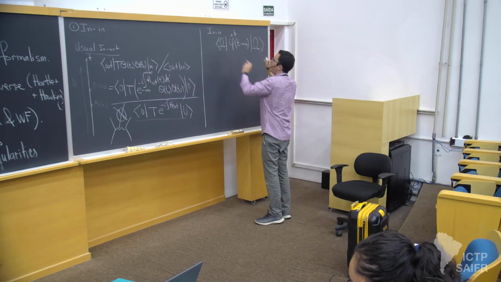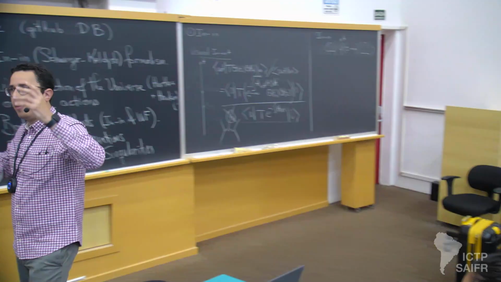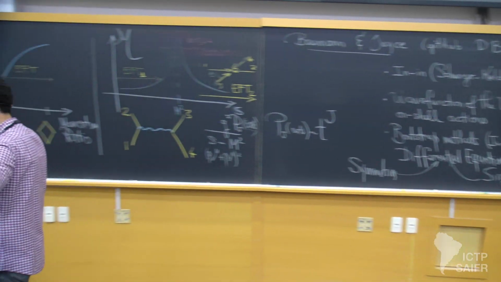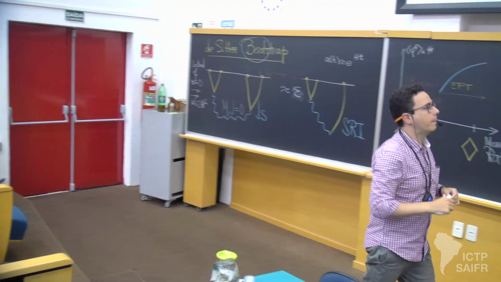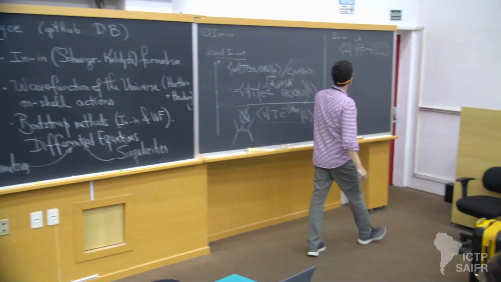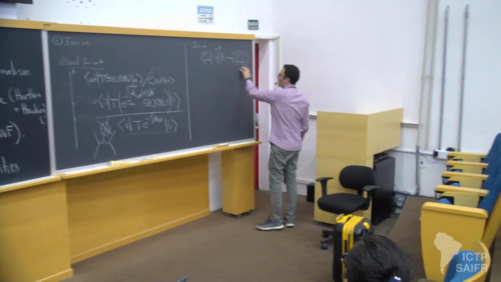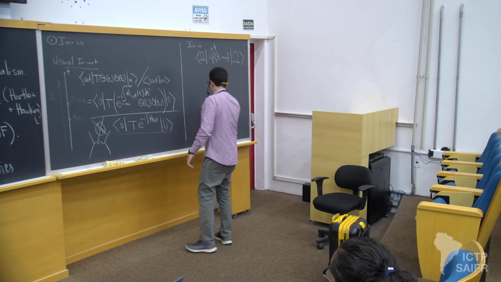But then to prepare the vacuum of the interacting theory, we need to time evolve it using the interaction Hamiltonian. That's standard, so that's how we do it in QFT textbooks. But now the difference is that you have to time evolve to generate the ket and to generate the bra. Therefore, the time contour gets doubled.